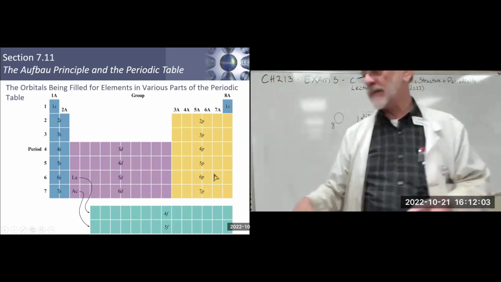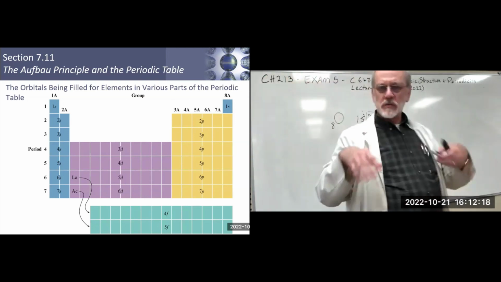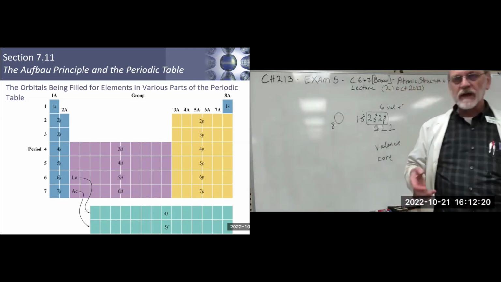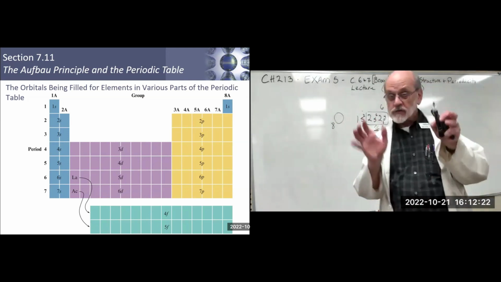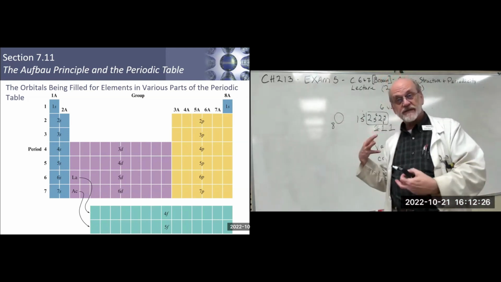Now we've got a diagram in here. I think it's the next slide. Yes, that shows you a neat way to arrange these. You can use it, or you can use the periodic table. If you know how it's constructed, then you don't need this device.